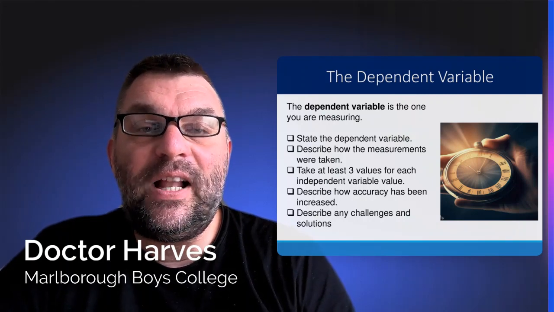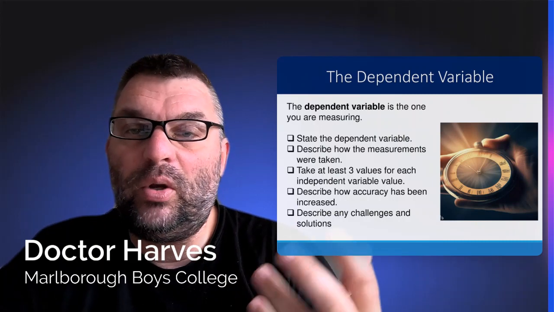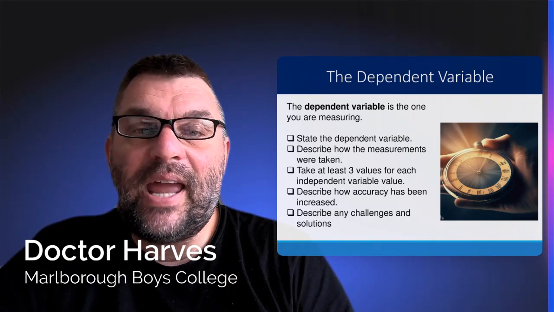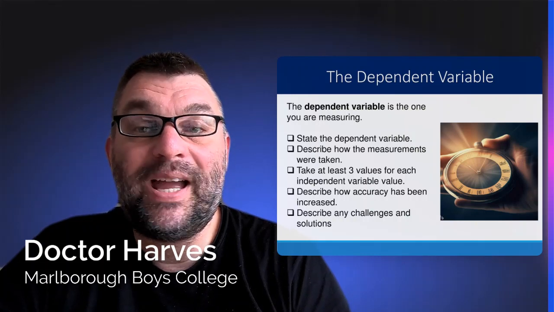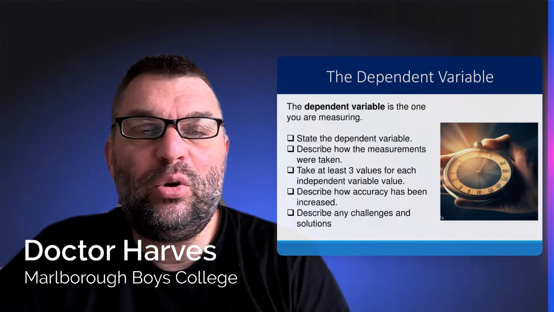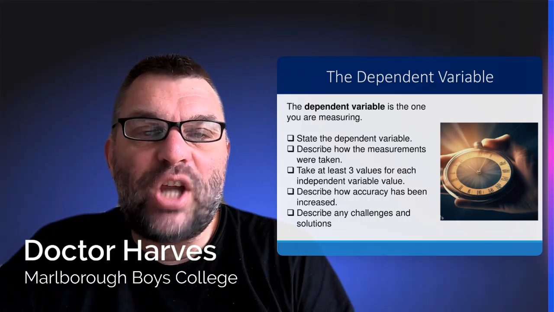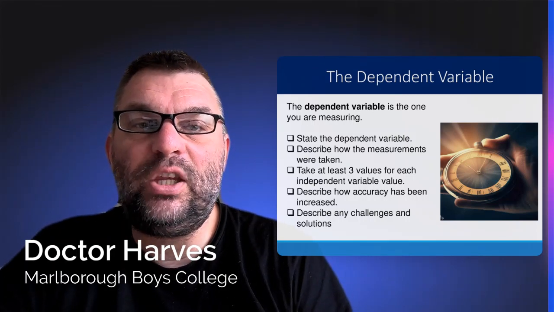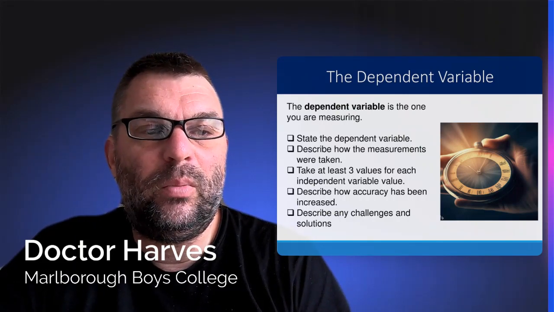Take at least 3 values for the dependent variable when you've changed the independent variable only once, and describe again how you've increased the accuracy of your dependent variable. Maybe a little hint could be, well, why are you taking 3 values? Okay, and then describe any challenges and solutions that you encountered when you were measuring your dependent variable.